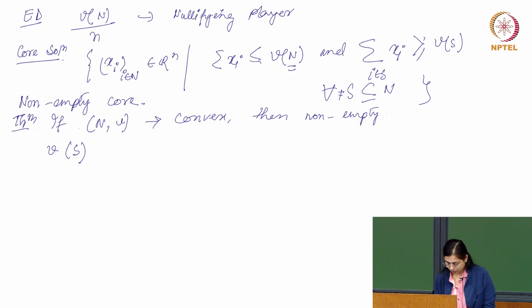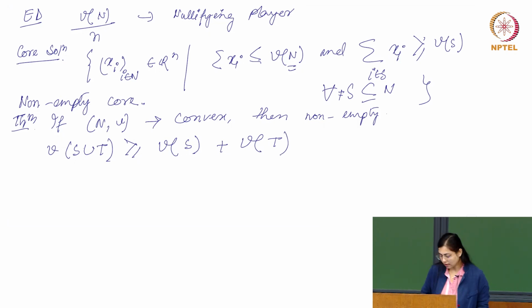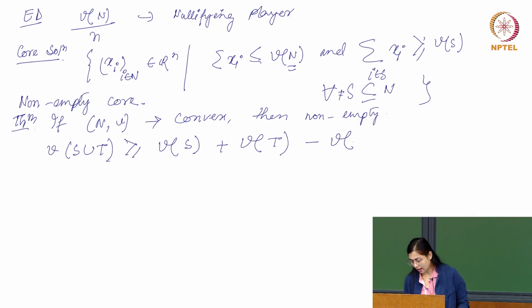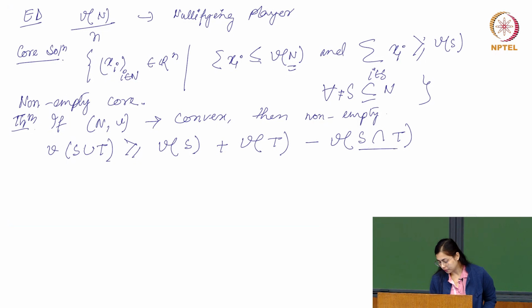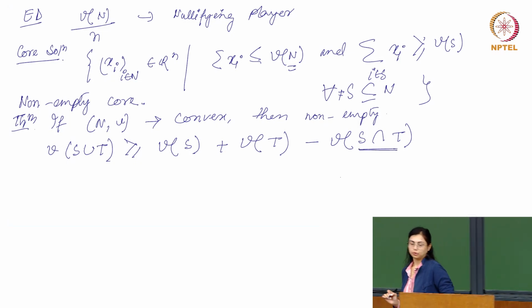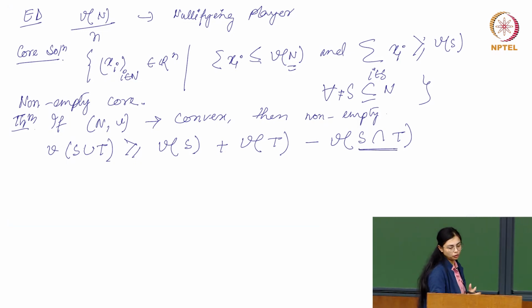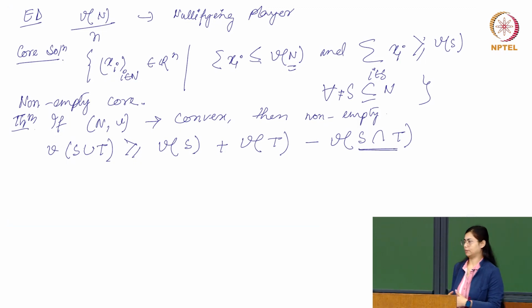If they join together, then their worth should be greater than whatever they generate individually, minus the worth of the coalition of the players who are common in both S and T, right?